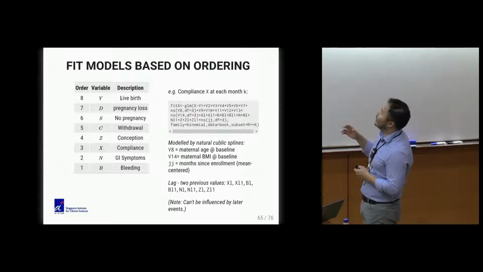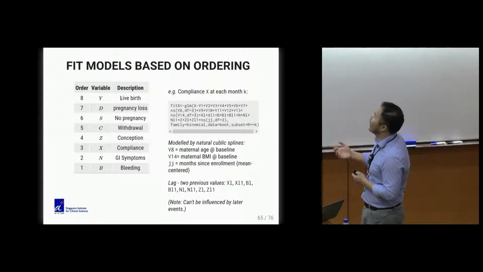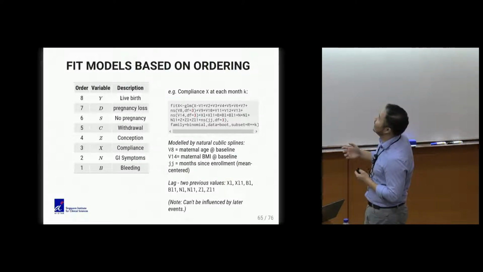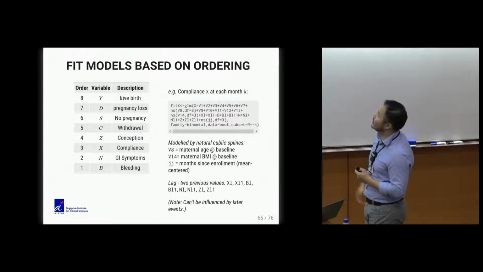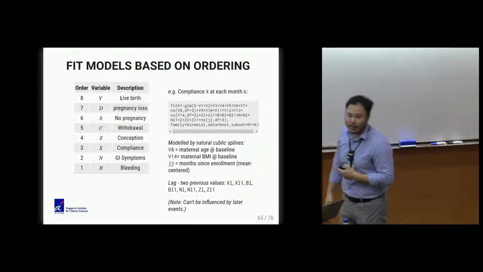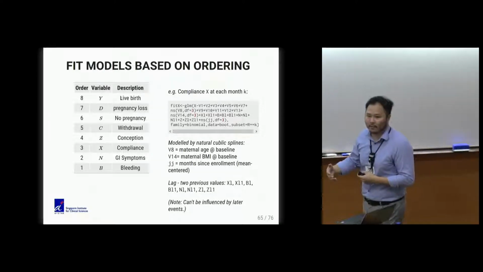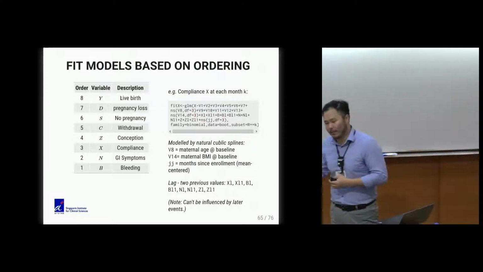The one thing that you'll know, which should be obvious by now, is that at a certain time point, the compliance can't be affected by anything that we have designated to be subsequent to that. So compliance at one time point can't be affected by conception or pregnancy loss at that time point, which makes sense. It should only be influenced by things that happened before it.